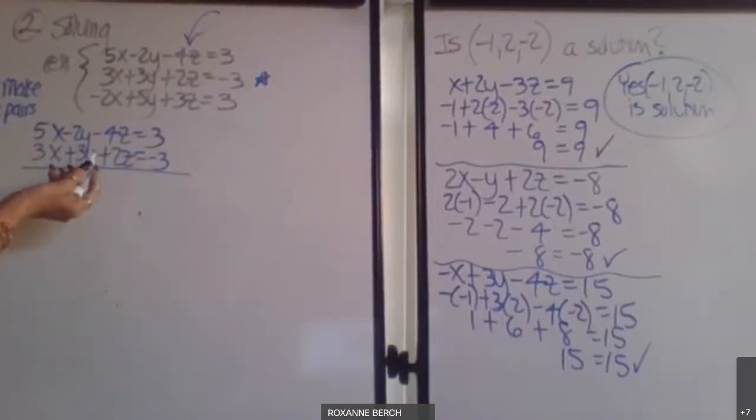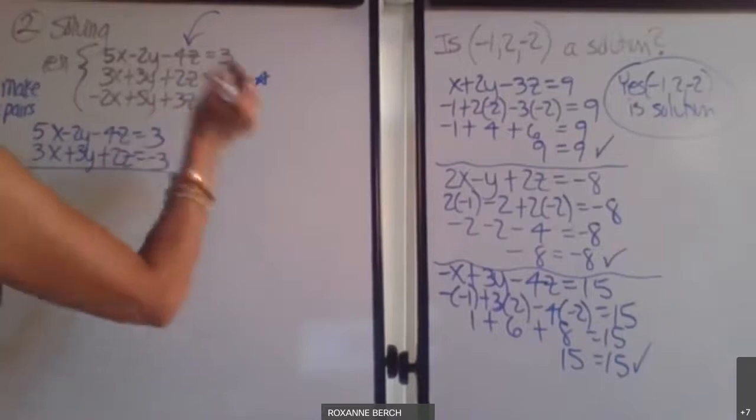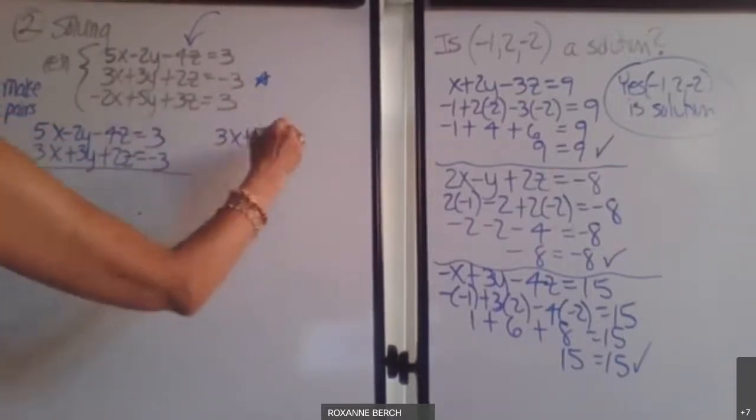And I'm going to eliminate the z in a minute. And I'm going to put these two together. And I'm going to eliminate z in that one also. So I'm reusing the second one.